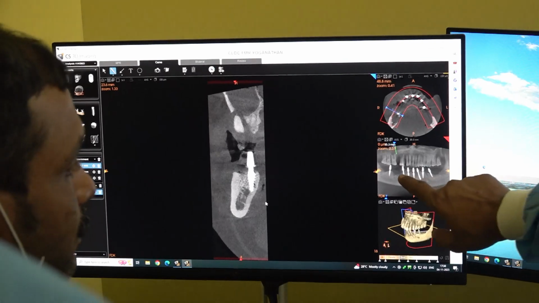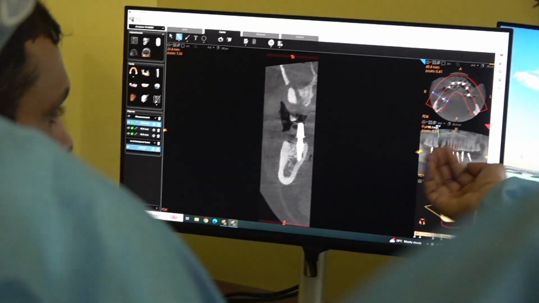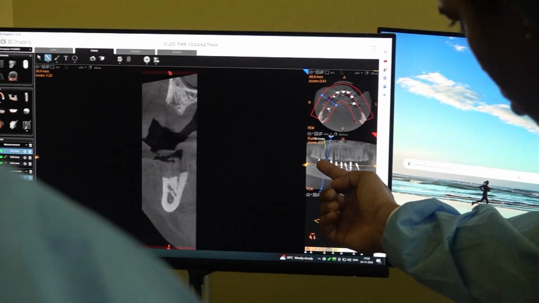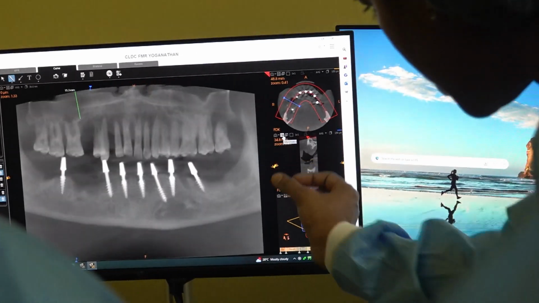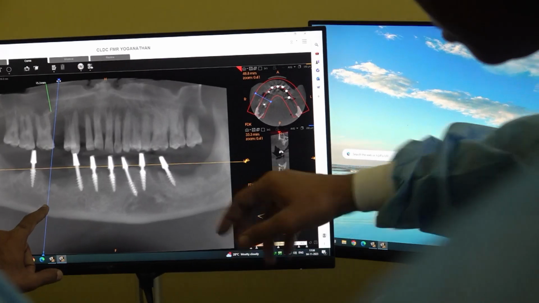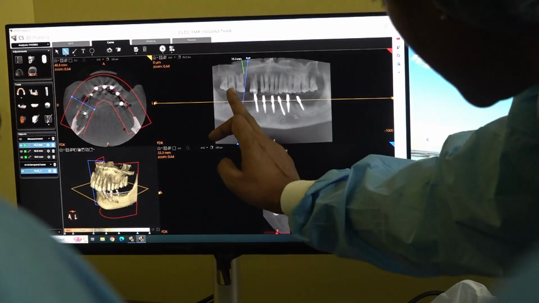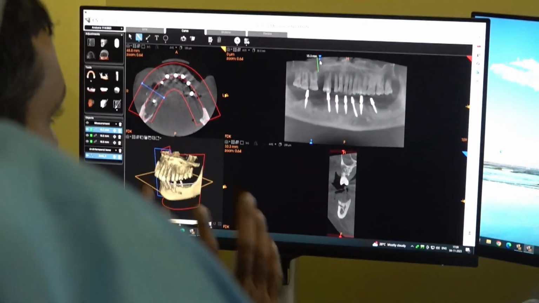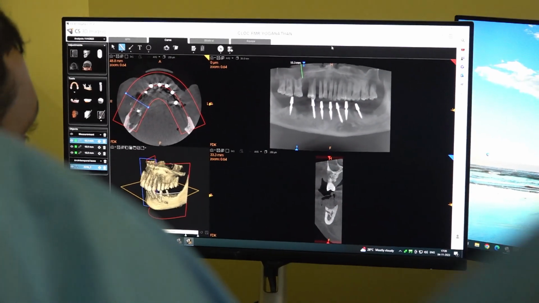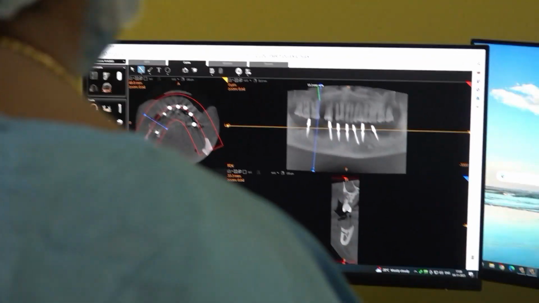So here, to reduce that inter-occlusal distance, can we give a slight tilt rather than leaving it like this? Yes, in the occlusal, without affecting the parallelism of all the implants, you can do it.